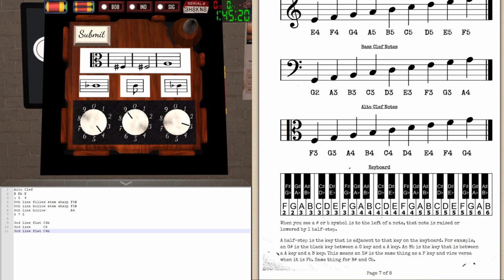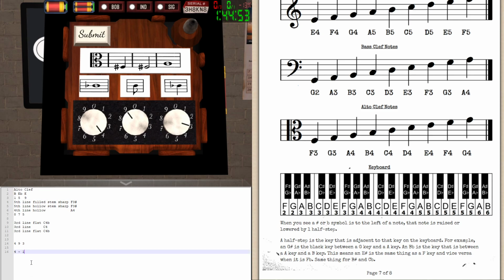But now we need to figure out what notes are being played by each of the dials in their current position. We can do a little bit of math for it. So I said it was 4, 9, 3, right? What I'm going to do is take the 4 and subtract the initial positions from when I was checking it.